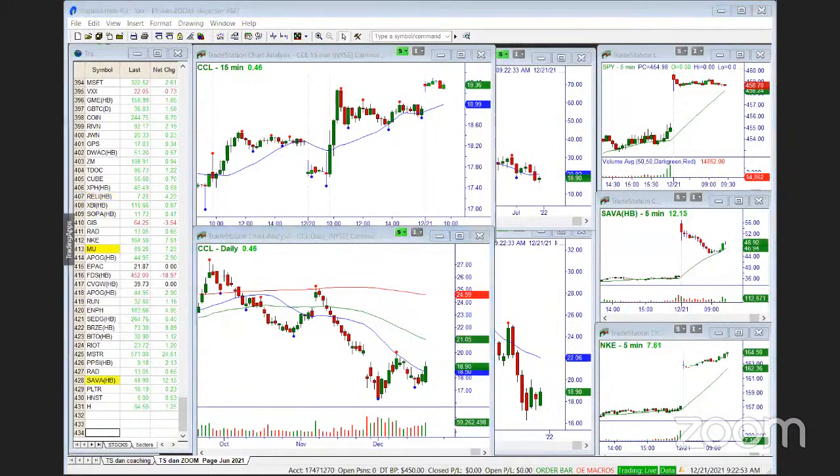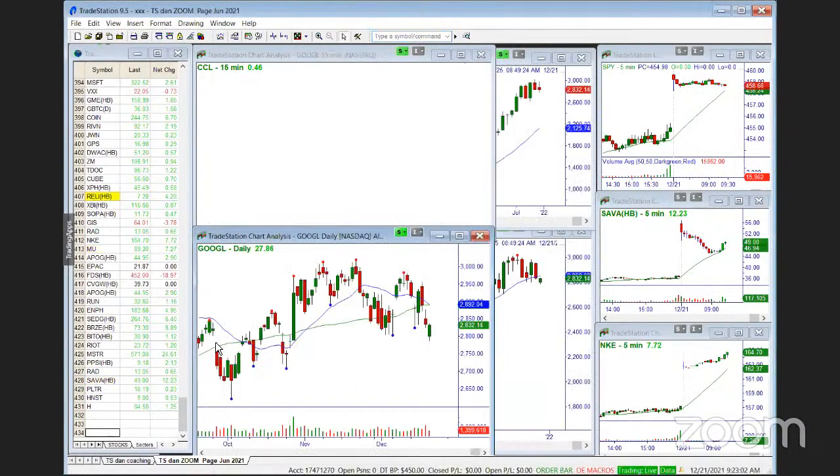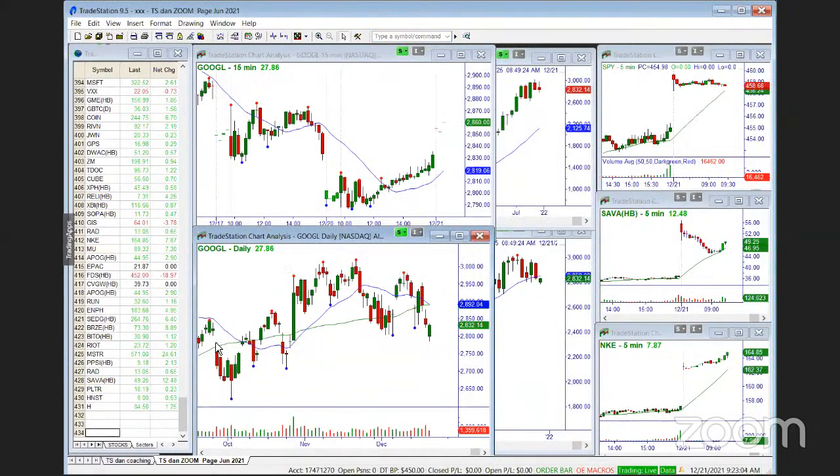Let's see, does Google have room to fall? It's down, at the bottom of the trading range. It would have to take out yesterday's low to have a short bias.